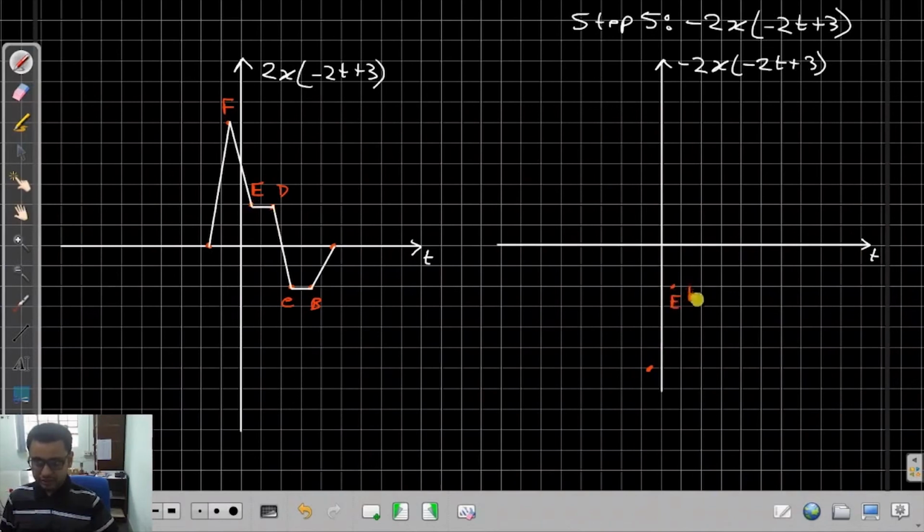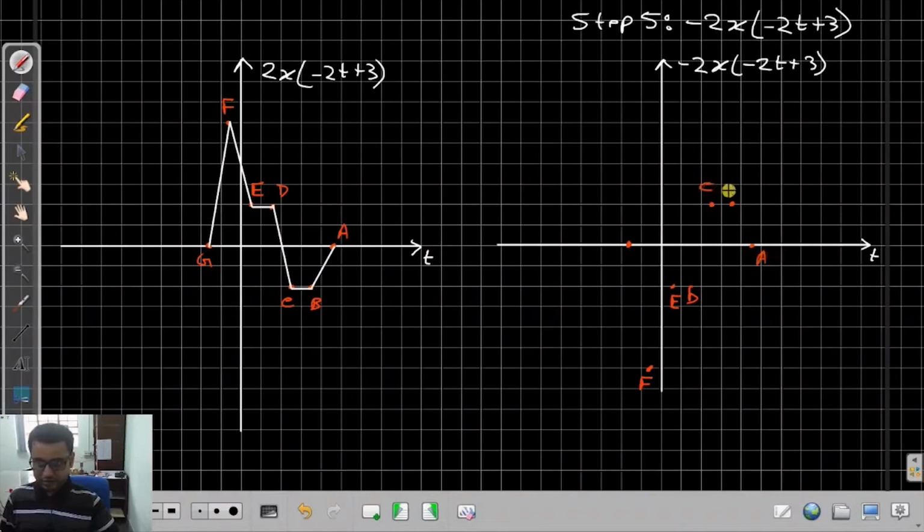D, this is F, this was G. G will remain as it is. C will become positive. B will become positive, and this was point A, that will remain as it is.